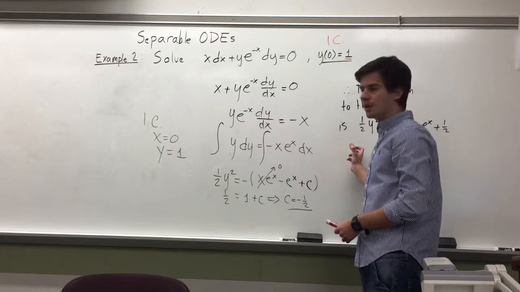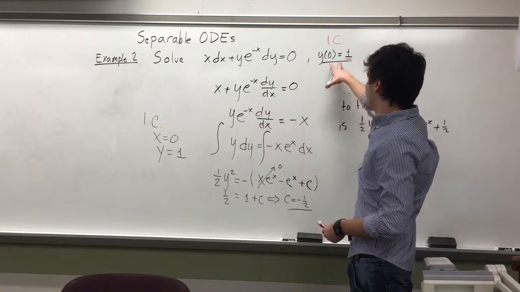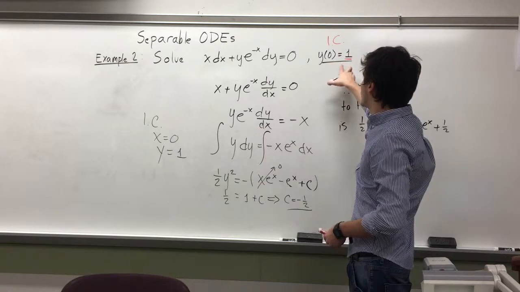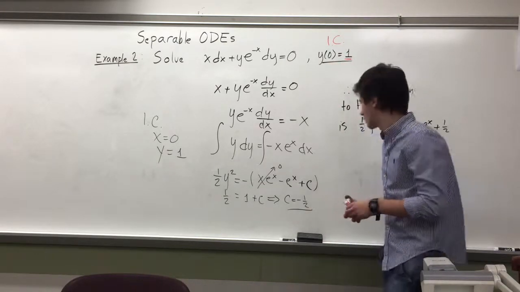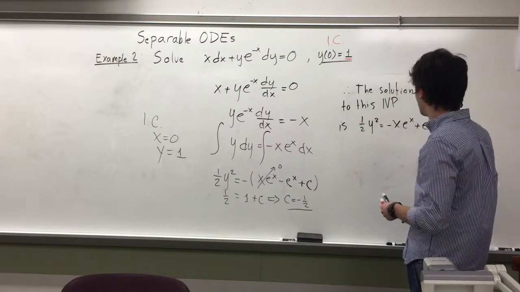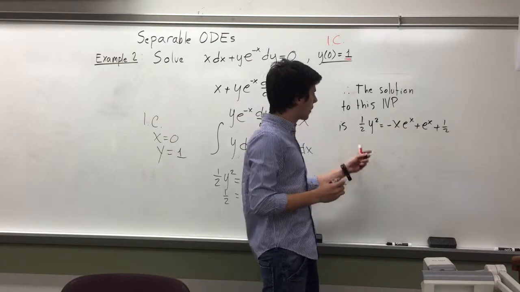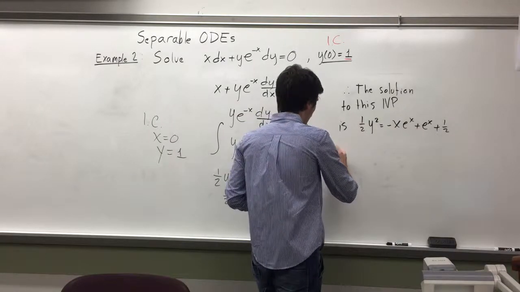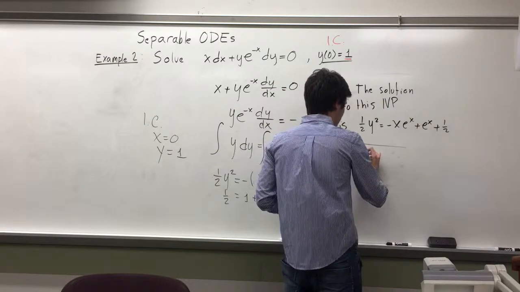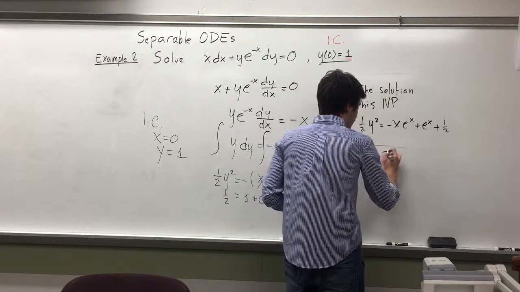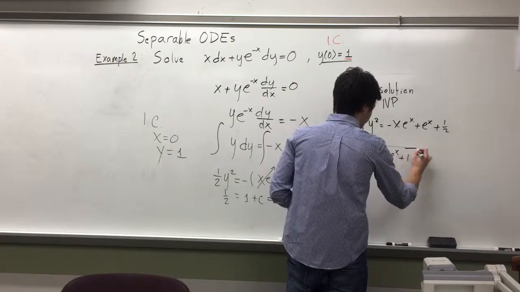In this case in particular, it's better to write it explicitly because we have an initial condition here that's going to tell us something about the explicit solution. So let's write this solution explicitly. We're going to multiply it by 2 and we're going to take the square root. So y is going to be equal to the square root of negative 2x e to the x plus 2 e to the x plus 1.